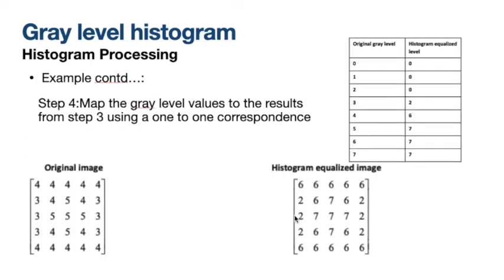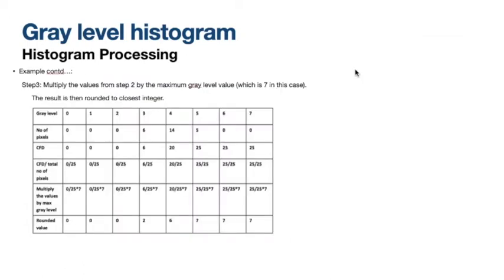And finally you have to map the gray level values to the result from step 3 using a one-to-one correspondence. So for gray level 0 you get 0, 1 gives 0, 2 gives 0, 3 gives 2, 4 gives 6, 5 gives 7, 6 gives 7, 7 gives 7.